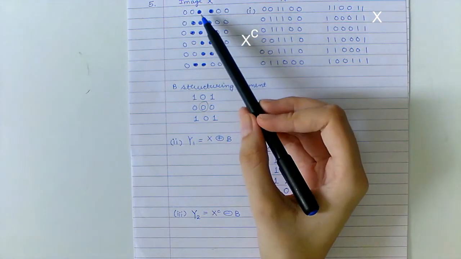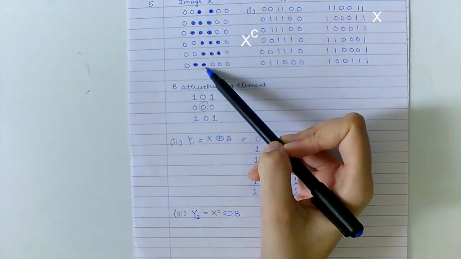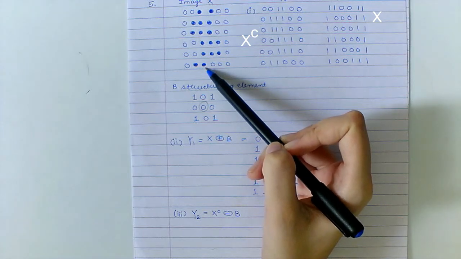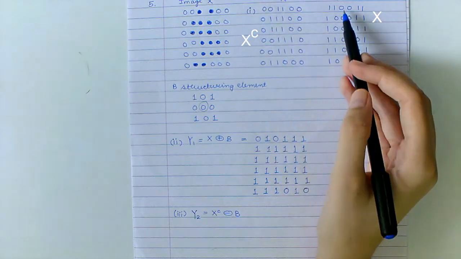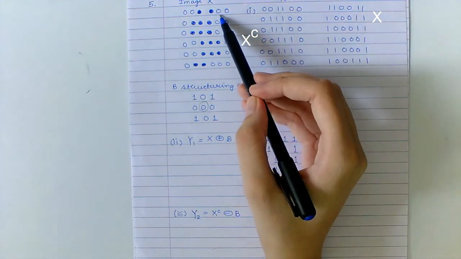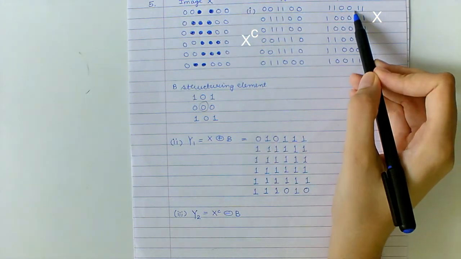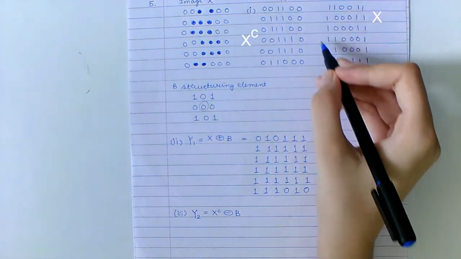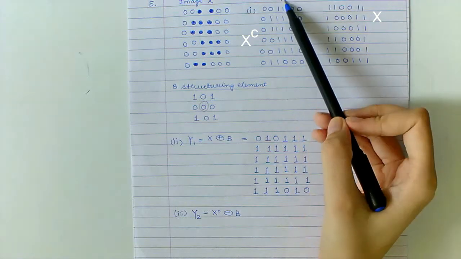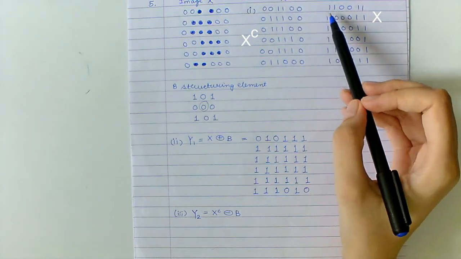As we know that black is 0 and white is 1, we put it there accordingly, and this is the value of X, and we have this as X complement. We just have to replace the values of zeros with ones and then we get the value of X complement.